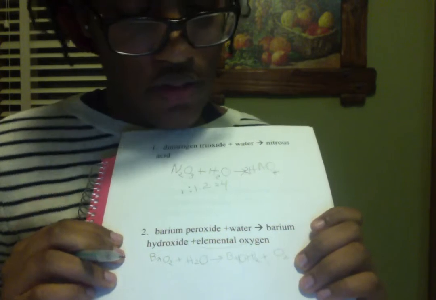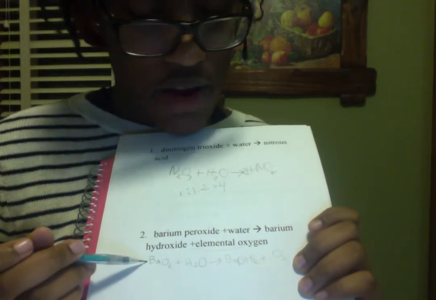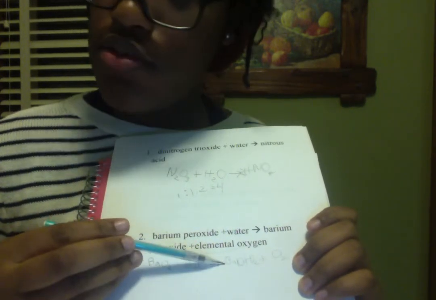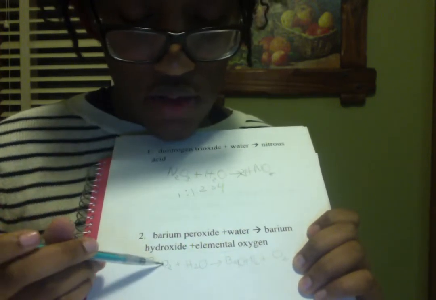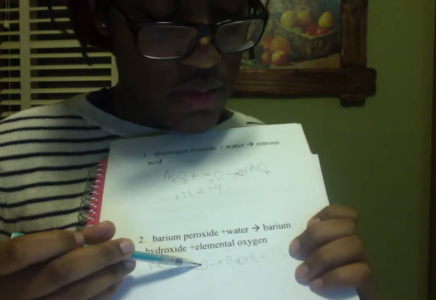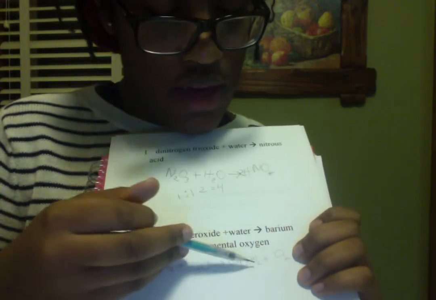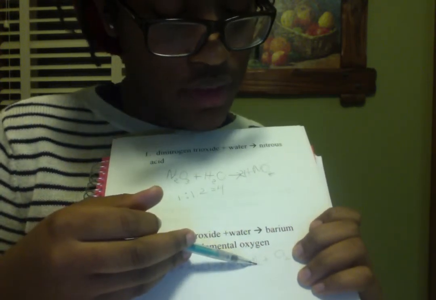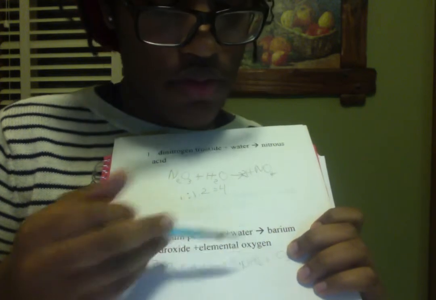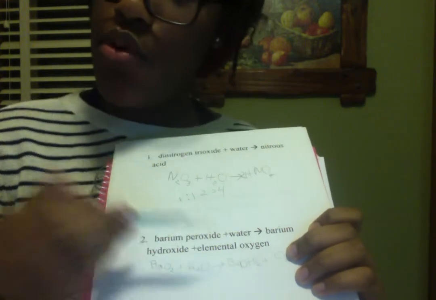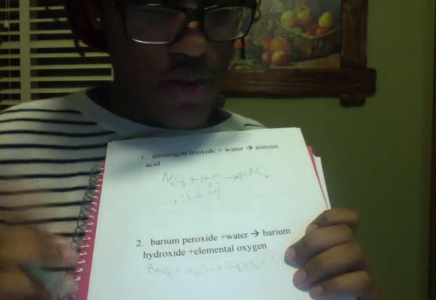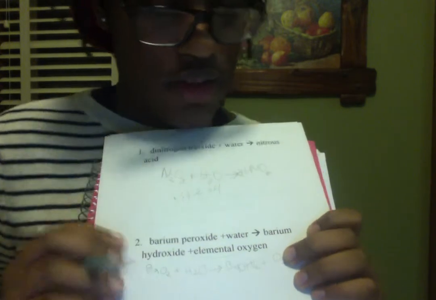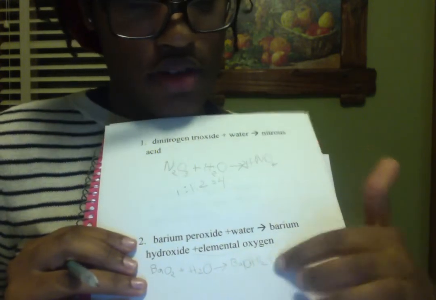So we look and see barium, there's one of those, and oxygen, you have 2 plus this one would be 3, and here you have 4 because the 2 is distributed to the H and O, so it's 2 hydrogen and 2 oxygen.